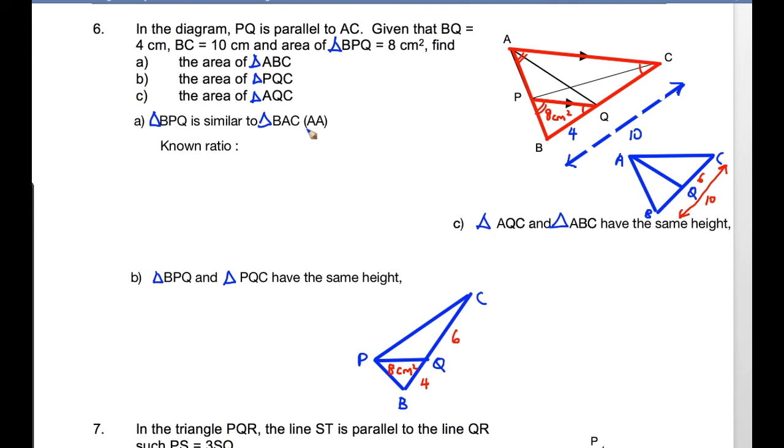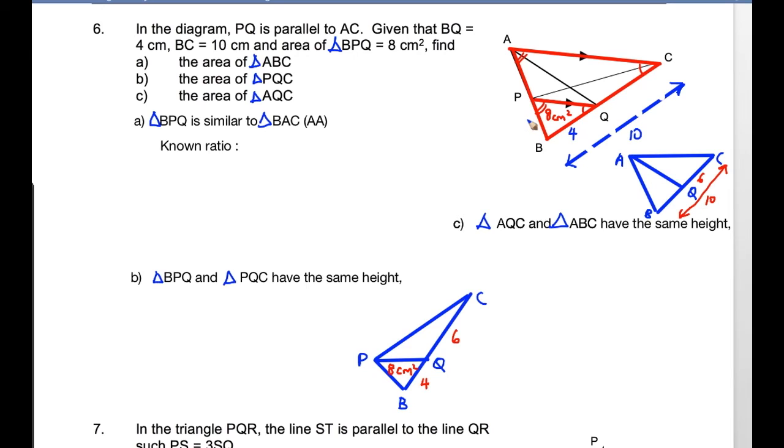In part A, we need to find the area of triangle ABC. Once again, we make use of similar triangles, so we need to identify the triangle similar to triangle ABC, which in this case is this triangle, BPQ, because of corresponding angles.